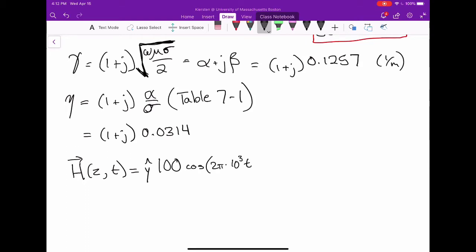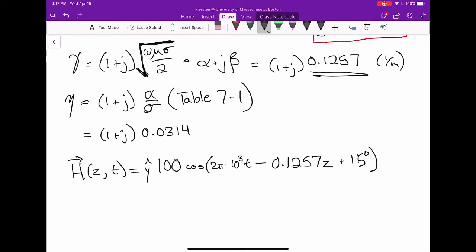Now it's propagating in the plus z direction because we defined the plus z direction to be down. So it's going to have minus beta z, and beta here is 0.1257. So that's minus 0.1257 z plus its original phase, so plus 15 degrees.